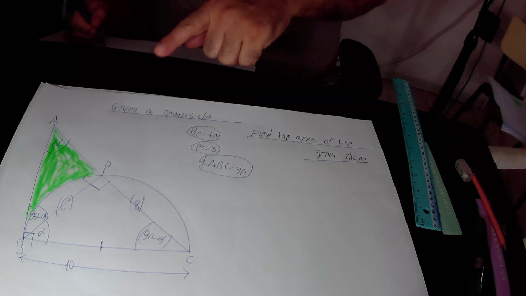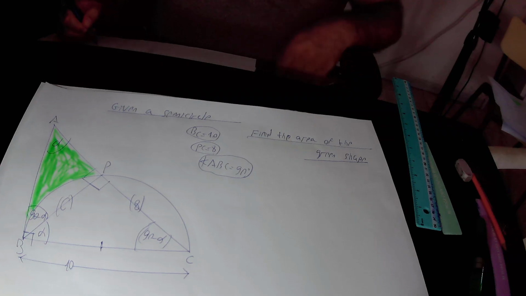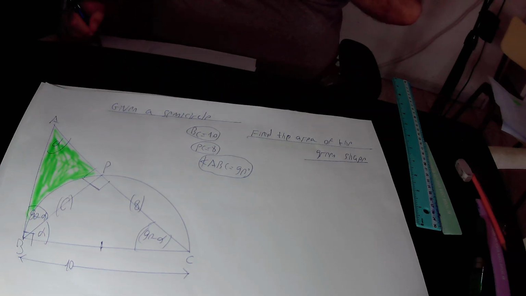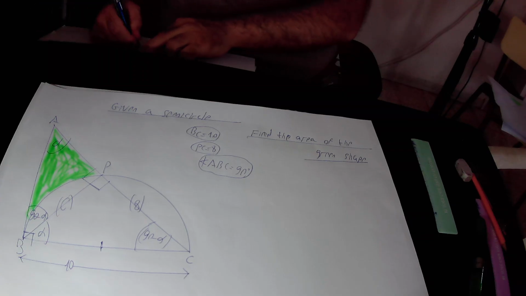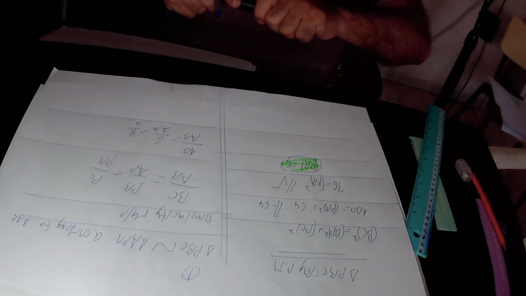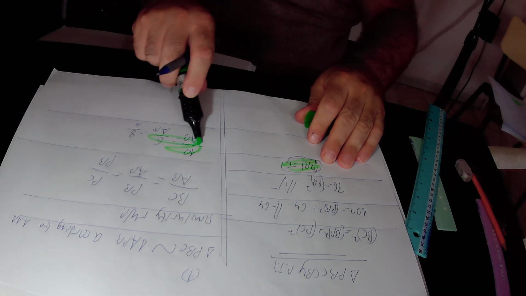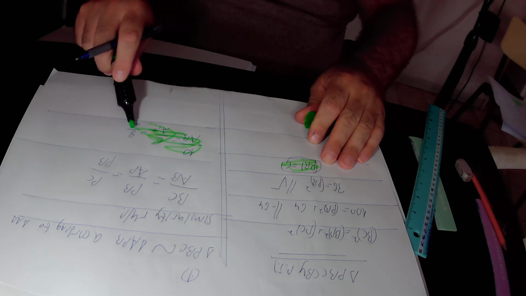And it is equal to PC. PC equals 8 units in length according to what is given in the question, over PB. PB equals 6. So in total, we have found that 10 over AB equals 6 over AP equals 8 over 6.